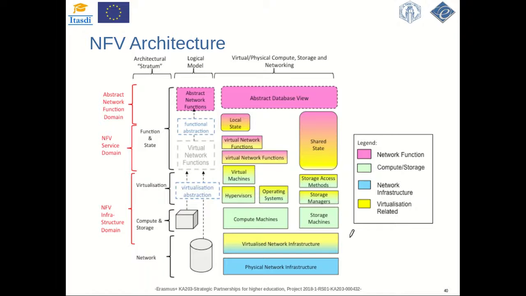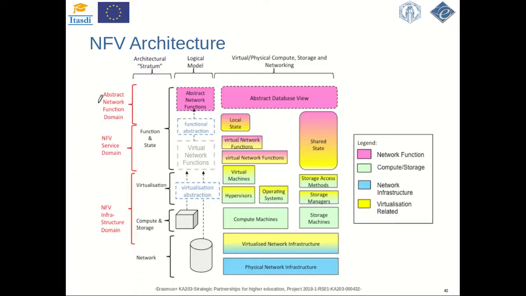Another picture for the architecture of NFV. Above we have the abstract network function domain, which includes network functions. Below we have the NFV service domain for servicing virtualization functions, virtual routers, and etc. And below we have network infrastructure, compute and storage, which goes in the NFV infrastructure domain.